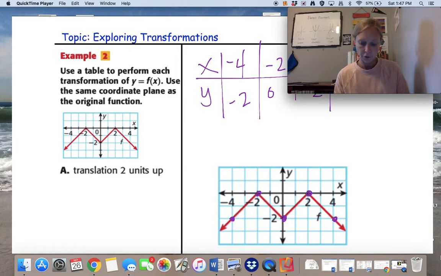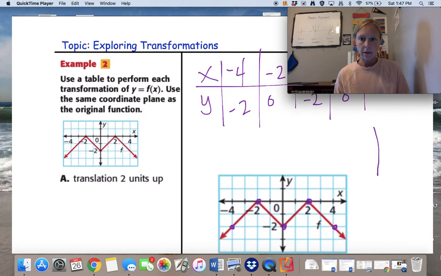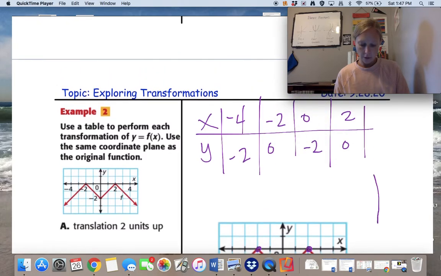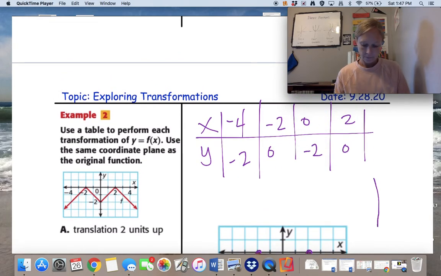Next, over 2 up 0. Sorry, can't quite see my picture there. And this last point is over 4 down 2. So these are the points from my original graph.